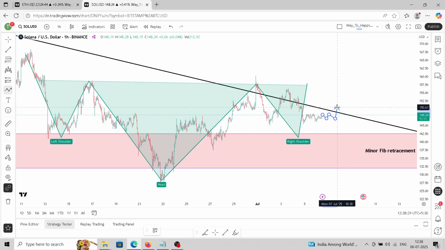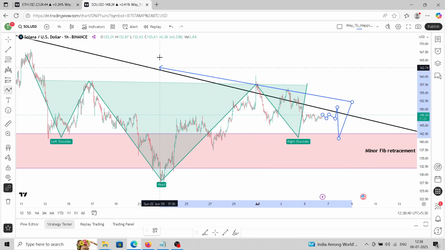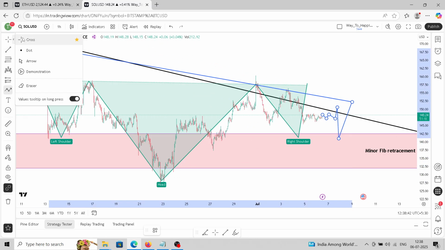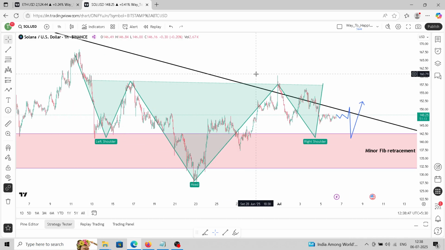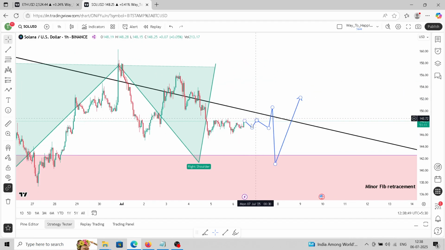Here, it can trap a little bit and then again come down here somehow. Prices will go up again, and this time the target is very big for Solana. We will see how Solana behaves, but for the short term it's bullish.